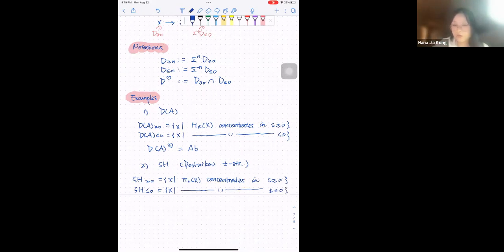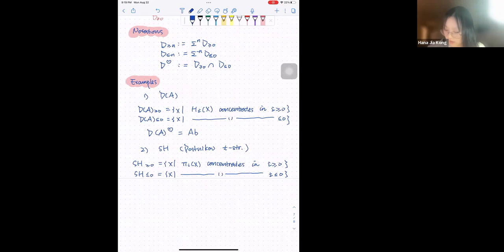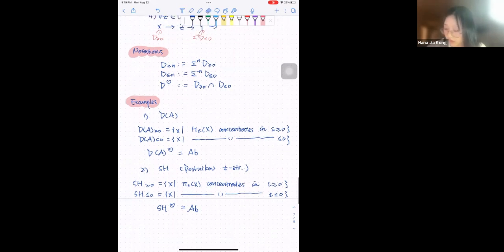And if you think about what is in the heart, that is things whose homotopy groups are concentrated in degree 0. So those are Eilenberg-MacLane spectra. Therefore, the heart of the stable homotopy category is equivalent to the subcategory consisting of the Eilenberg-MacLane spectra, and that's abelian groups.